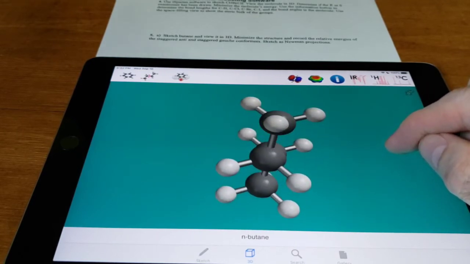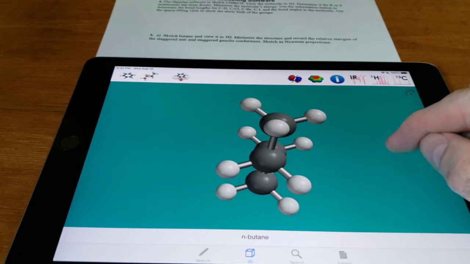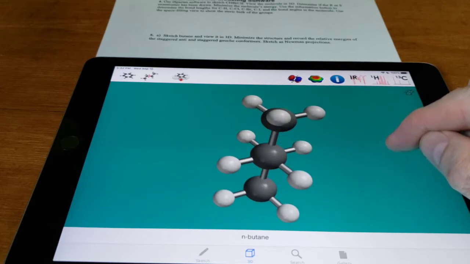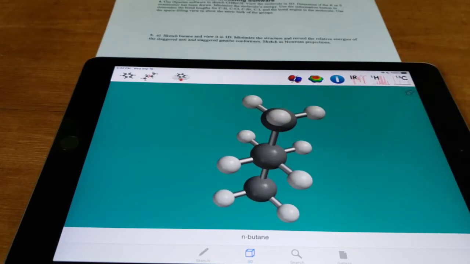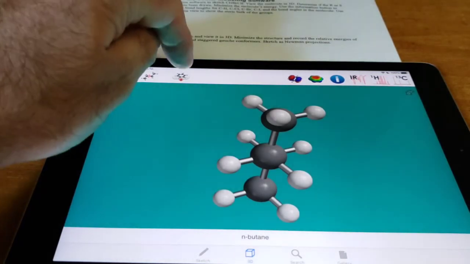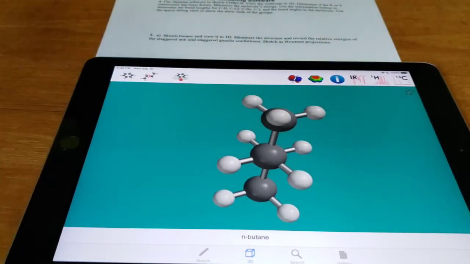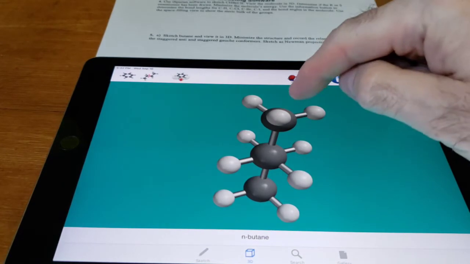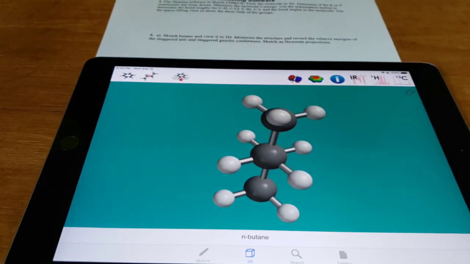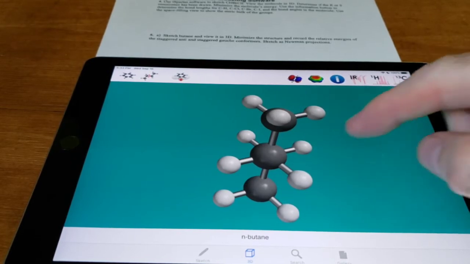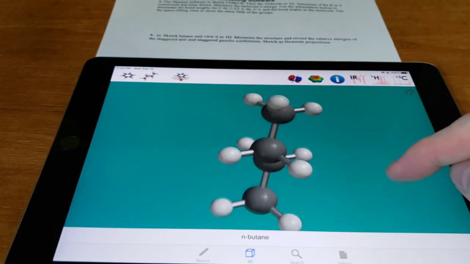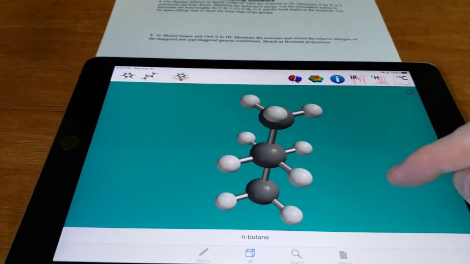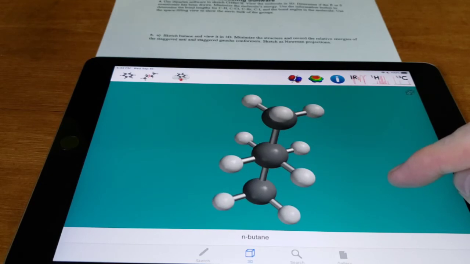So carbon 2 and carbon 3 have just lined up. And when I pressed the energy minimization and it gave me the name, it put this molecule in its most stable conformation, which is staggered anti. Everything in this molecule is staggered.